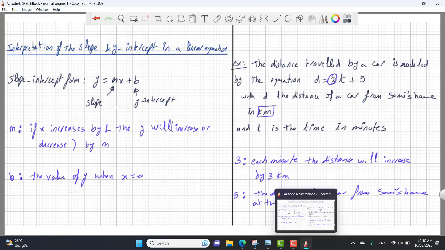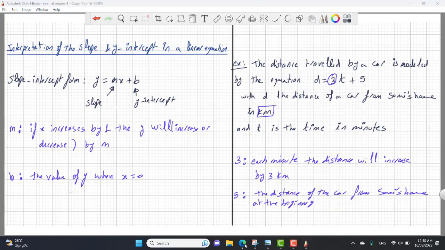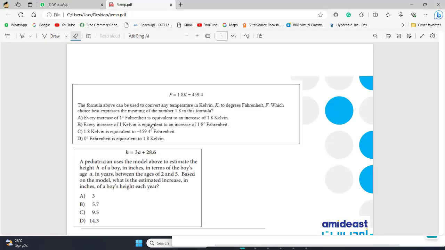So if you want, we can see two SAT exercises. For example, F = 1.8K - 459.4. The formula above is used to convert from Kelvin to degrees Fahrenheit.